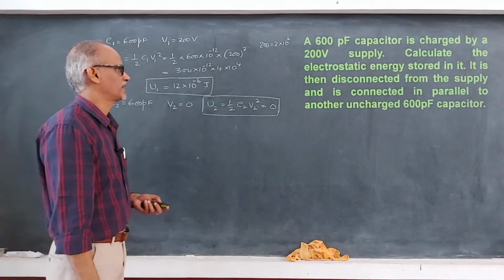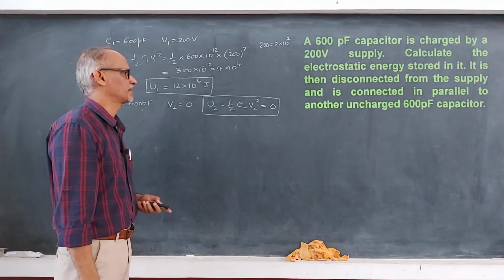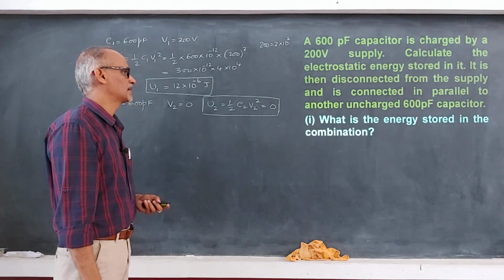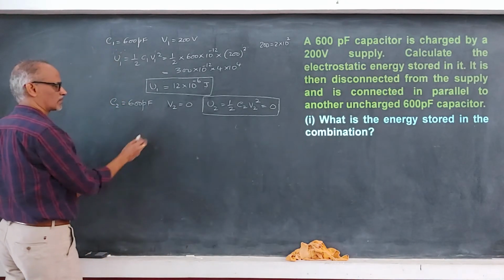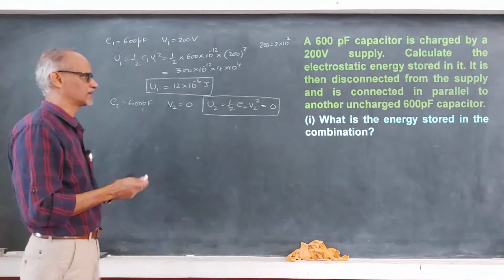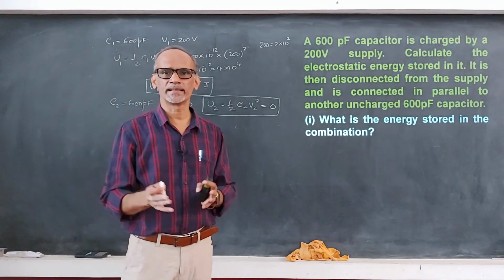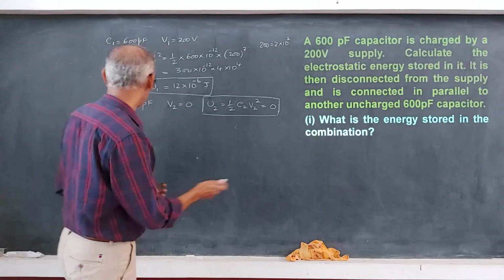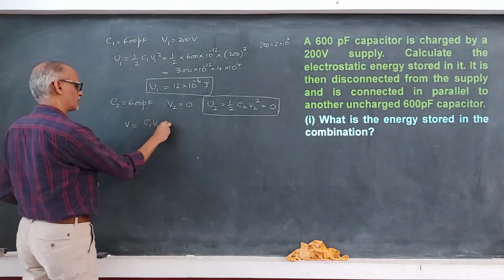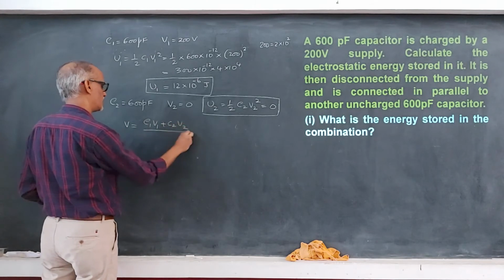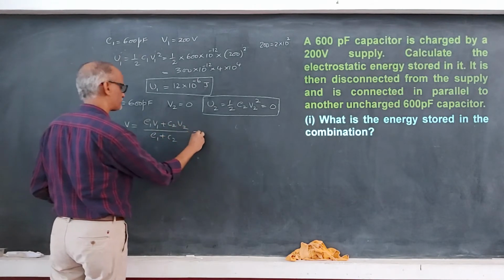Okay, so the supply and is connected in parallel to another uncharged capacitor. So options are, what is the energy stored in the combination? Energy stored in the combination means after they are connected in parallel. So we have to find the total energy after they are connected in parallel. Before that, we have to find the value of V, the common potential, which is C1 V1 plus C2 V2 by C1 plus C2.